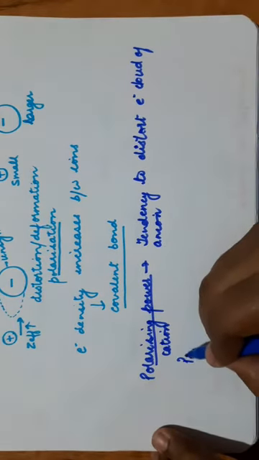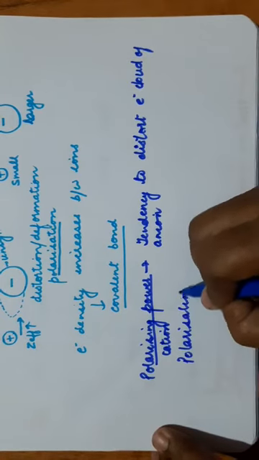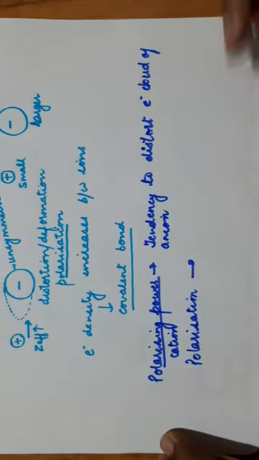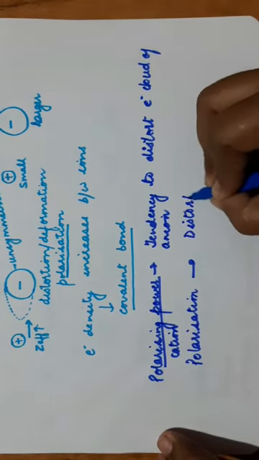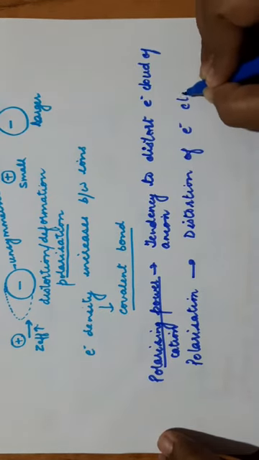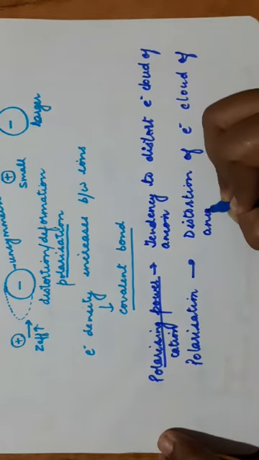Second is polarization. Polarization appears in an anion. Polarization of an anion means the distortion of the electron cloud of the anion is known as polarization.